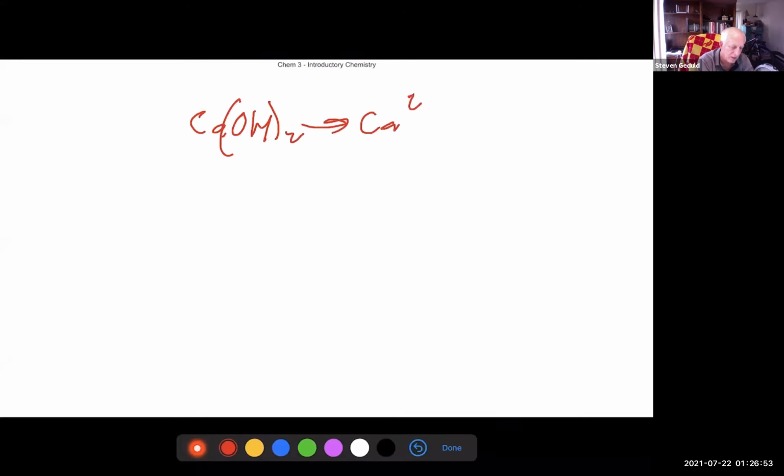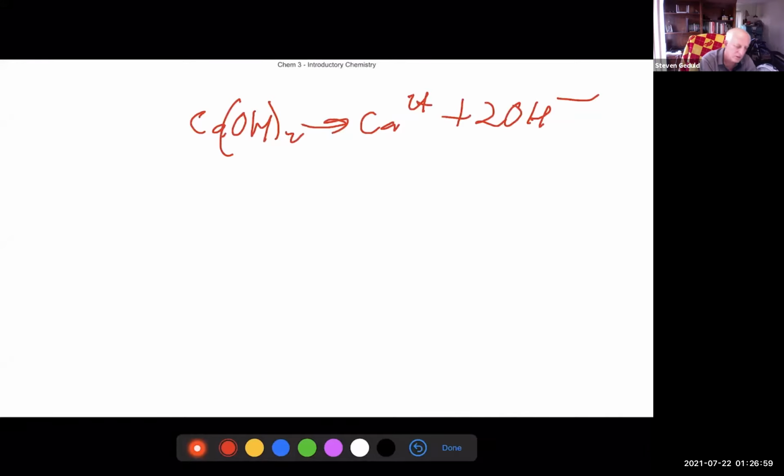Say you wanted to do the equilibrium expression for calcium hydroxide. Calcium hydroxide is a solid, and it dissolves in water to give you calcium ion plus OH. Okay. So this is called the Ksp, the solubility product. It's the same thing as the equilibrium constant, the partial pressure of gases, it's all the same equilibriums.